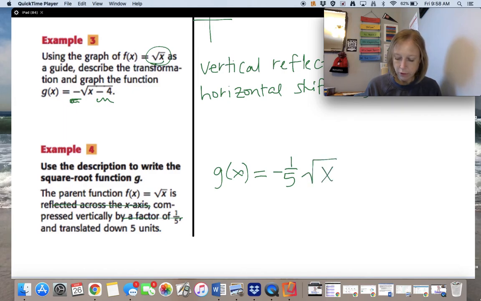So I need to make sure it's clearly not underneath that radical symbol. And that's the trick. Make sure your handwriting is nice and neat, so I don't think that that's underneath. Now remember to check your answer. You could hop over to Desmos or your TI-84 and check to see if the graph actually looks reflected, shifted down, and compressed.